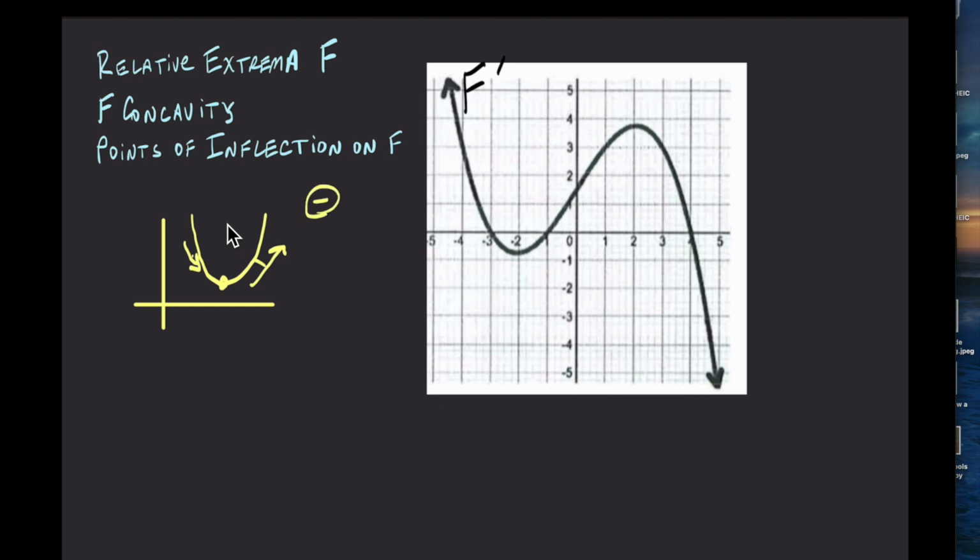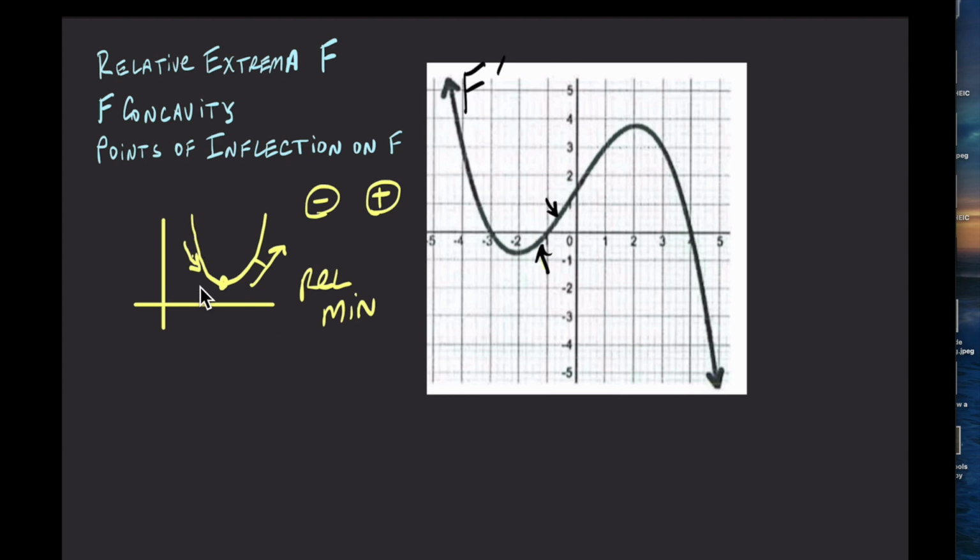If f is increasing, that means f prime is positive. So to find a relative minimum on f, we're going to look for any places where f prime changes from a negative y value to a positive y value. Here, f prime is a negative y value. Here, f prime is a positive y value. That means that is a relative minimum.